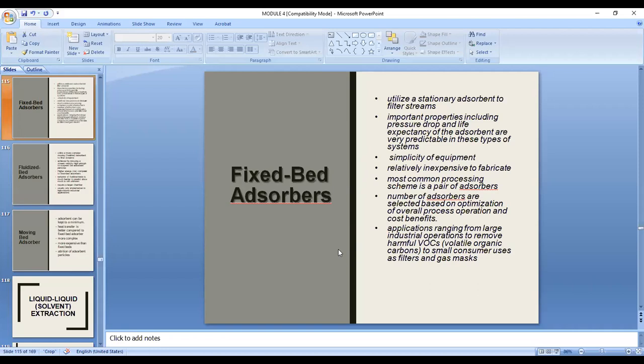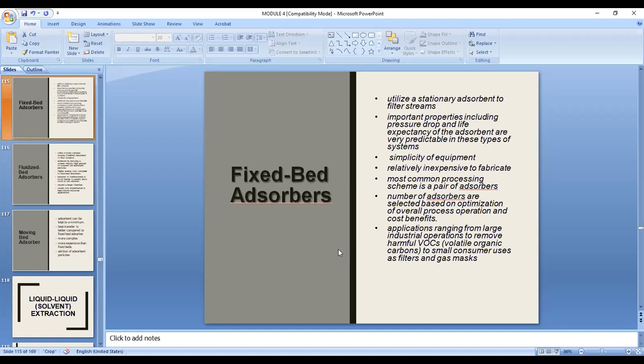You need to take out the solute that adhered on it and regenerate it. So it would be the next adsorber that will process your feed, whatever the feed is.